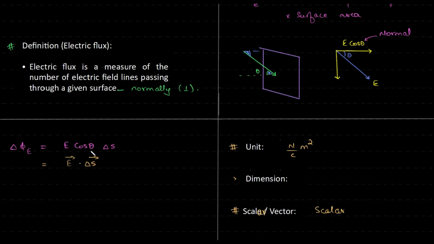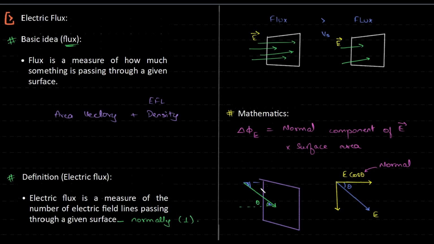And we get a cos component, thus making it a dot product. Since it's a count, 1, 2, 3, 4, 5, 6, it has to be a scalar quantity, and also the formula tells it's a scalar quantity. The SI unit is Newton per Coulomb meter square. Dimension is something that I want you guys to derive. So yeah, that's it.